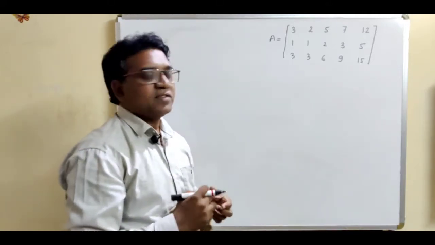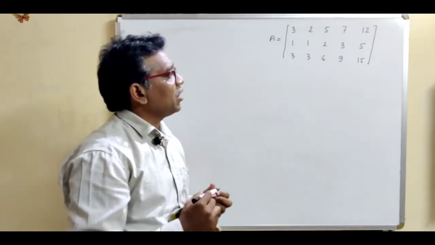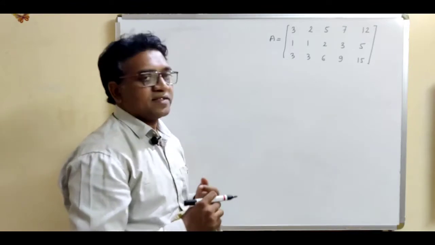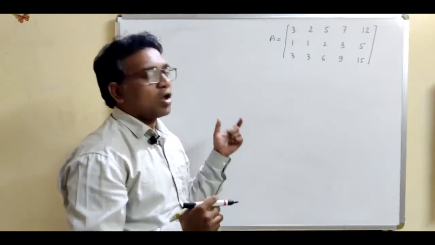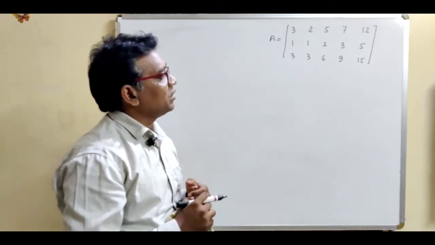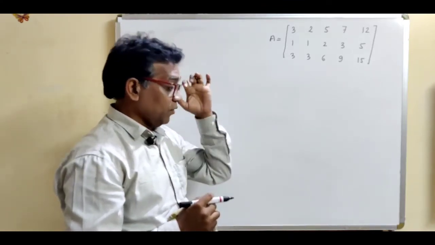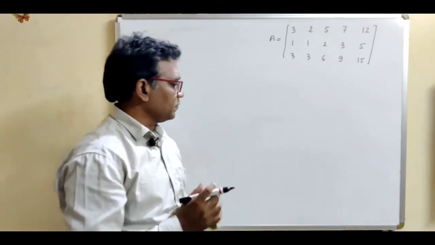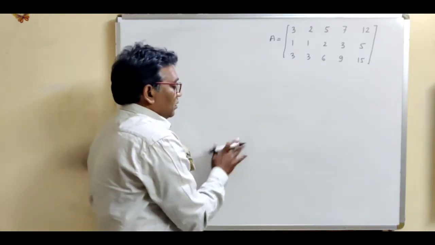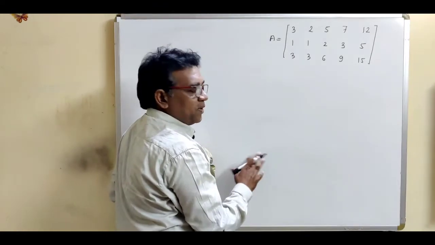Now let us take one more example for finding the rank of a matrix. So this is the next example. Reduce the matrix A to the normal form or canonical form, and by using the normal form, find the rank of the given matrix. So first of all, remember this method.